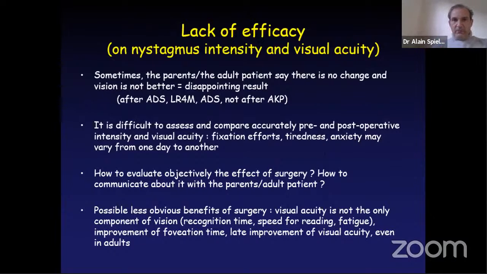But now we're talking about lack of efficacy regarding the intensity of the nystagmus and the visual acuity. And sometimes when it happens, it's the parents or the adult patient, in case the operation is on an adult, who say there is no change and that vision is not better. So it's not a complication, it's just a disappointing result.